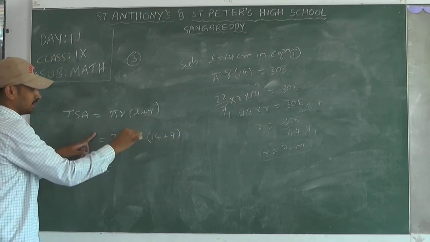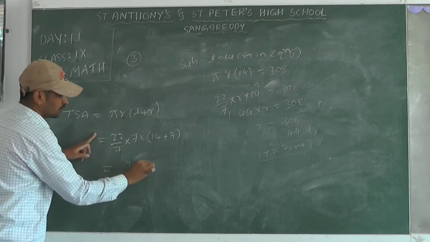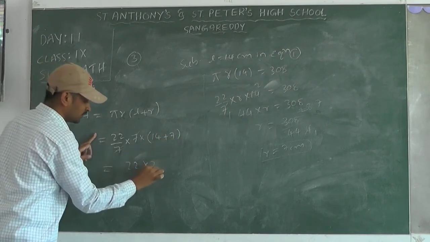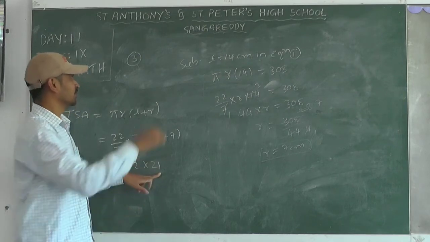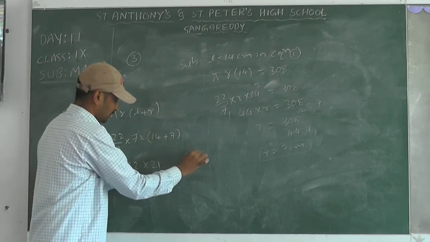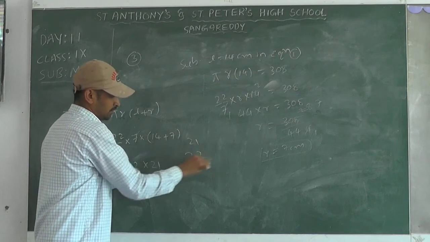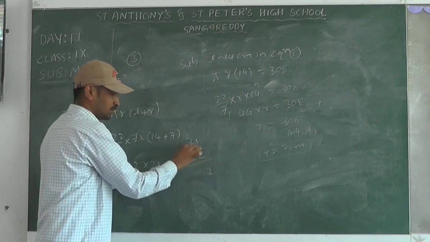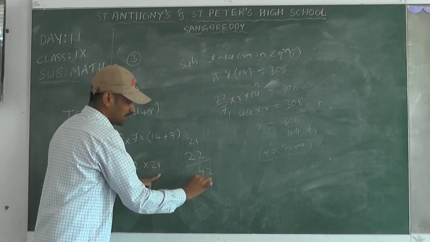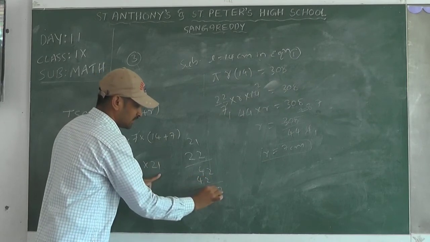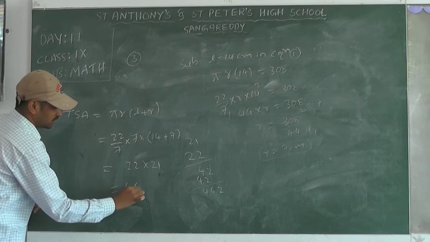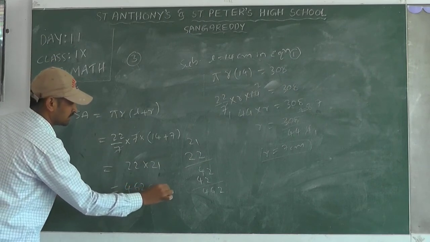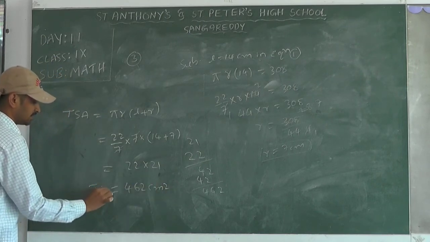So 7 gets cancelled. 22 into (14 plus 7), that is 21. So we have to multiply 21 with 22. 2 ones are 2, 2 twos are 4, 42. Again we get 42. 2, 6, 4. That is 462 centimeter square. That is the TSA of the cone.